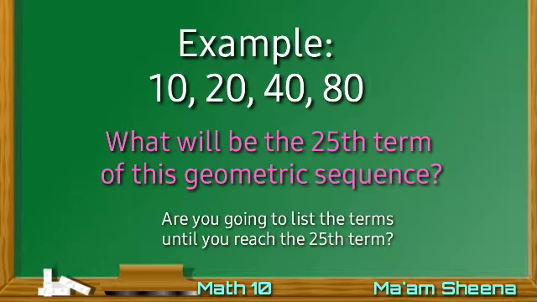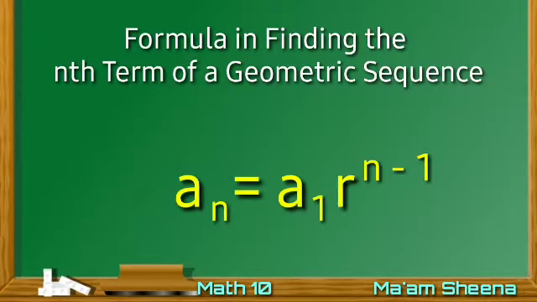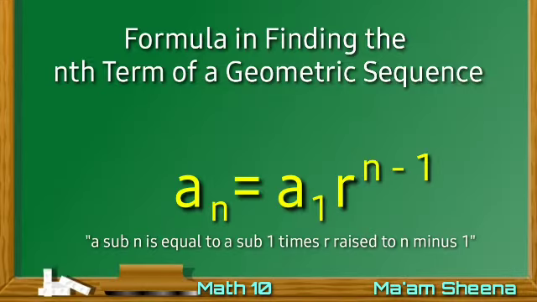So today, we're going to have a formula for finding the terms of a geometric sequence. The formula for finding the nth term of a geometric sequence is a sub n equals a sub 1 times r raised to n minus 1. Again, the formula that we will use in solving for the nth term is a sub n equals a sub 1 times r raised to n minus 1.